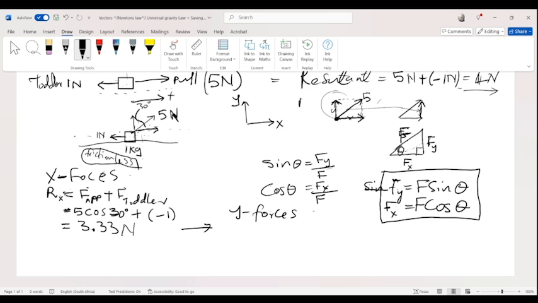The y forces will be, what is it that we have? We have the y component of the applied force.